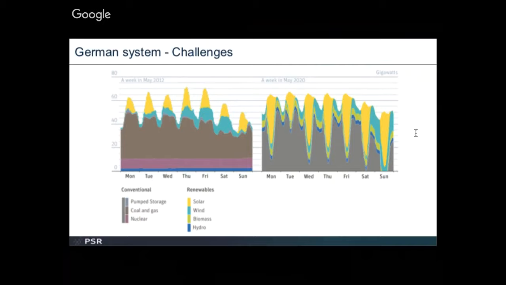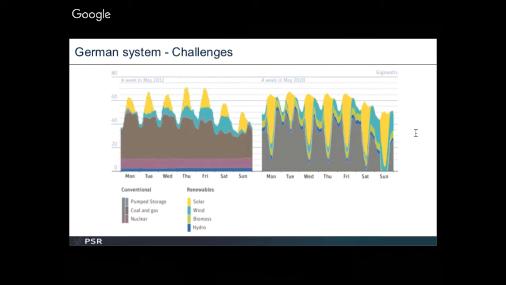On the left-hand side here, I show a typical week in May 2012 of the German system, where we did have some renewable, some wind and solar plants, as you can see in yellow and blue. But the conventional sources in gray and purple have a flat generation and do some ramping services during the sunrise and the sunset, as they should, because they are flexible.